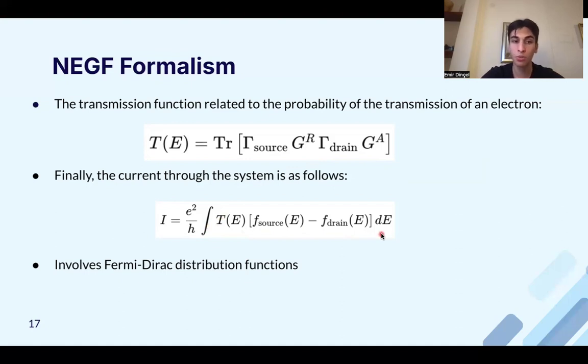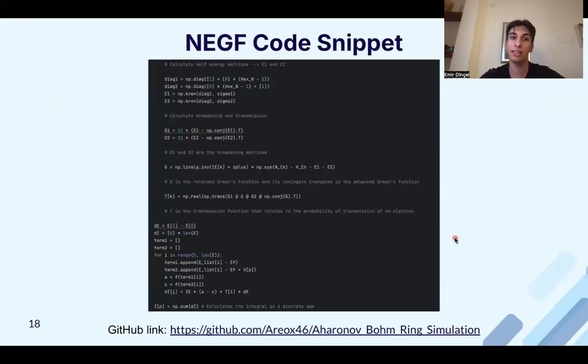This will further involve Fermi-Dirac distribution functions, but as these are all very well above high school maths level, we were not able to discover all of them properly. However, we can utilize this non-equilibrium Green's function formalism in our code snippet and actually use it to calculate the I-V curves, like current versus voltage curves, to check if there's resonant tunneling diode behavior. And you can access our code using the link below.